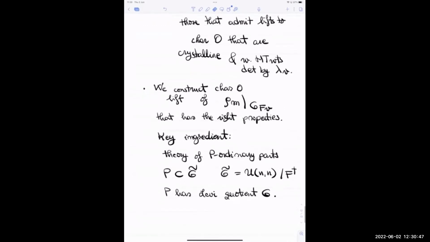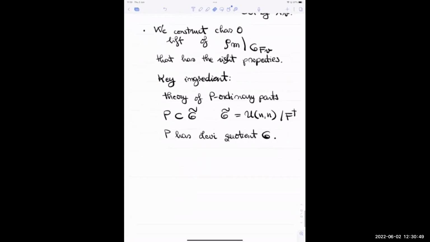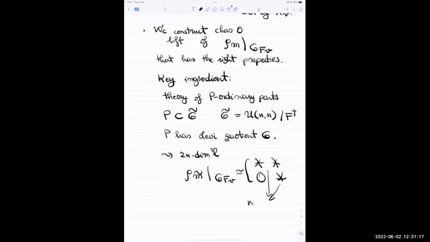And so that means that we're really constructing a 2n-dimensional representation, rho m tilde, which is 2n-dimensional, and which, when you restrict it to G_{F_v}, looks like this, where these are n by n blocks.